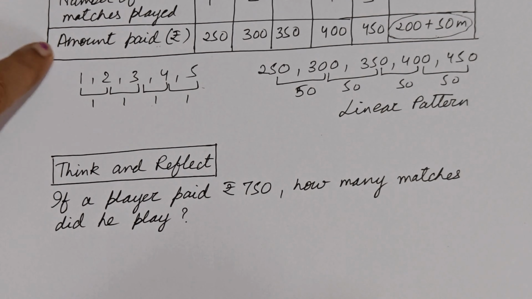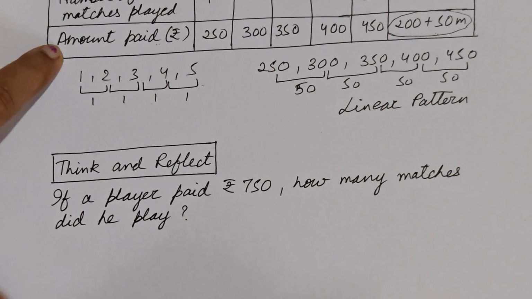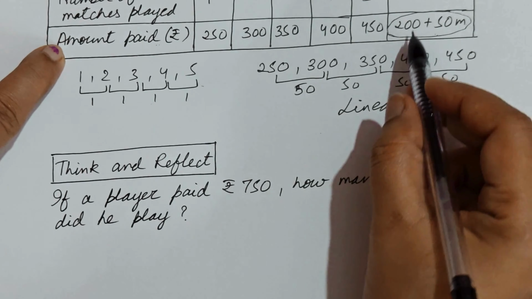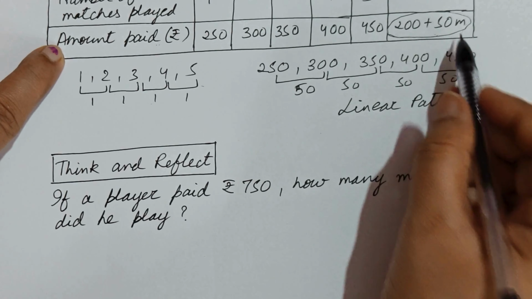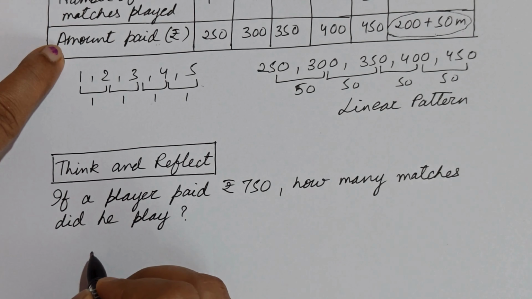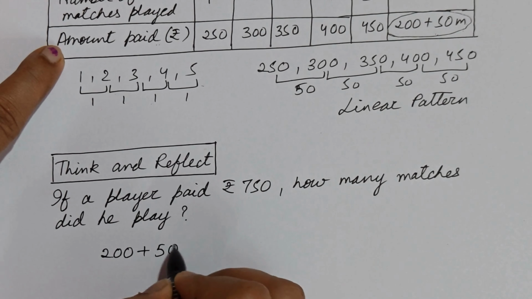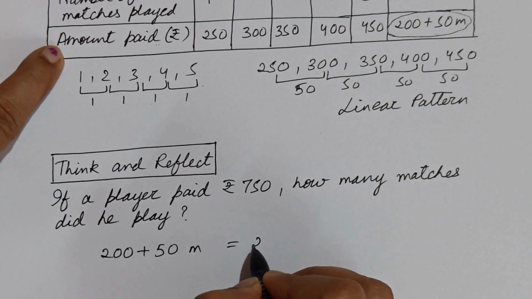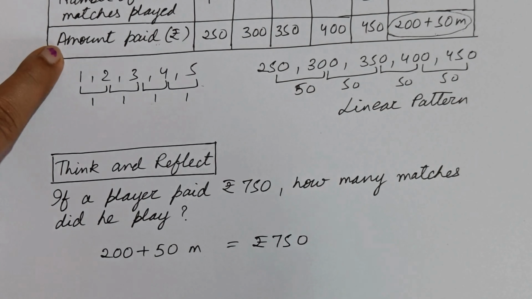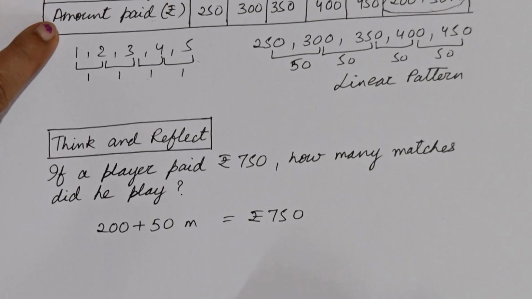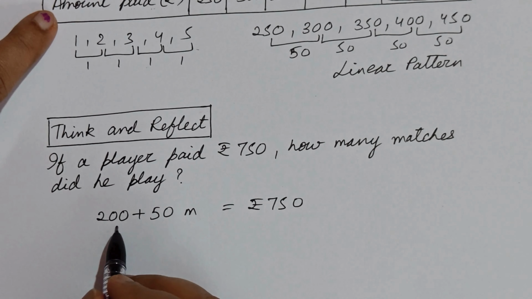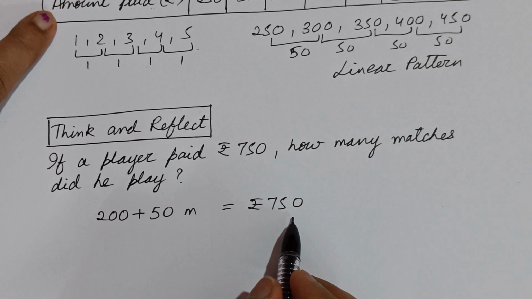So the amount paid is given as 750 rupees. Simply, this value is equal to 750. So I can write 200 plus 50m is equal to rupees 750, right? I can move this to the right hand side.